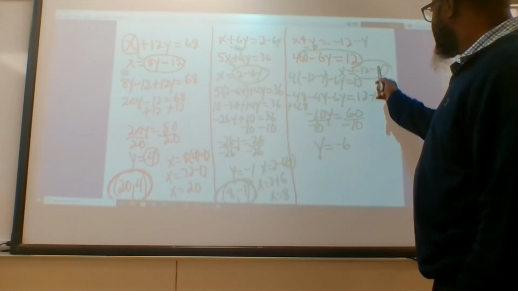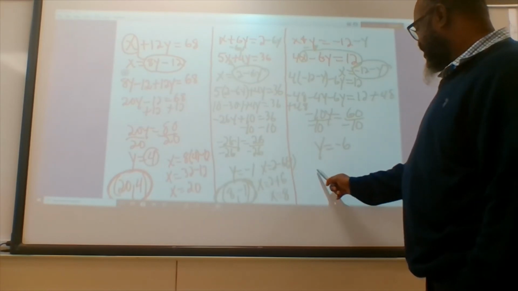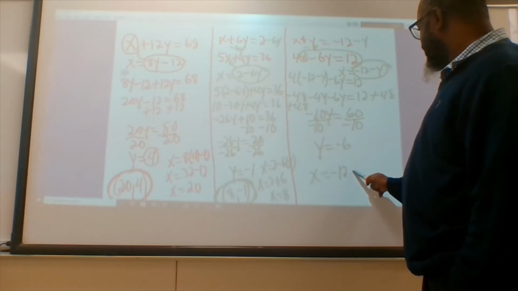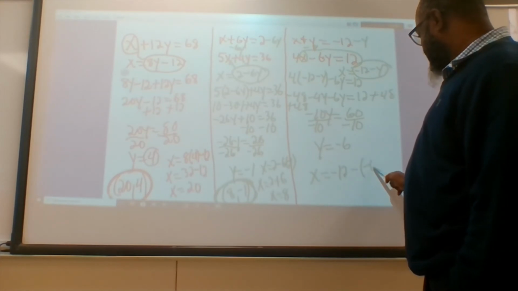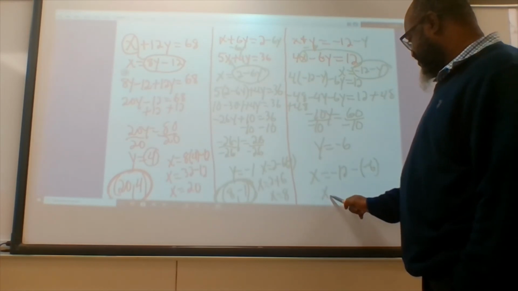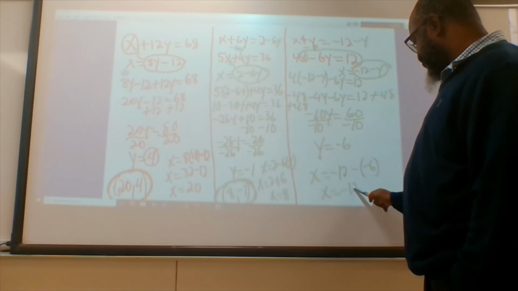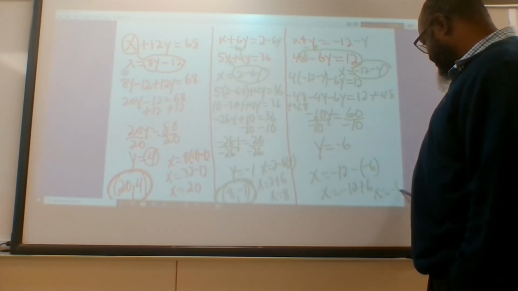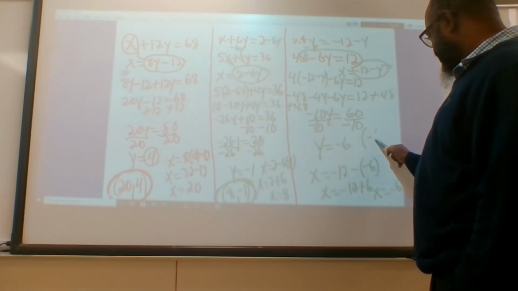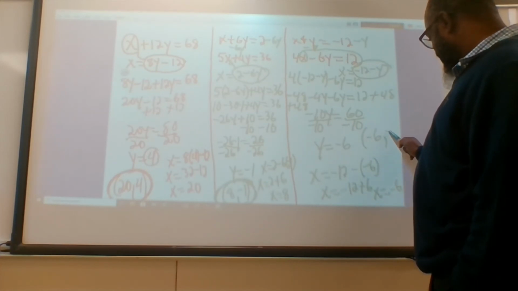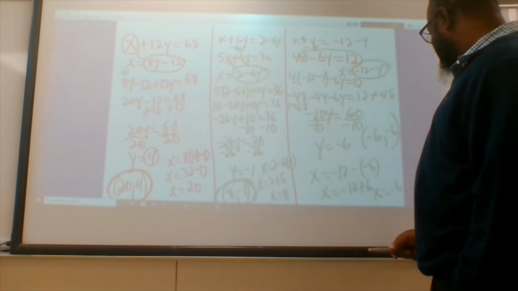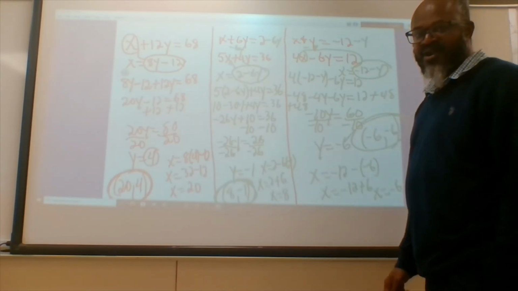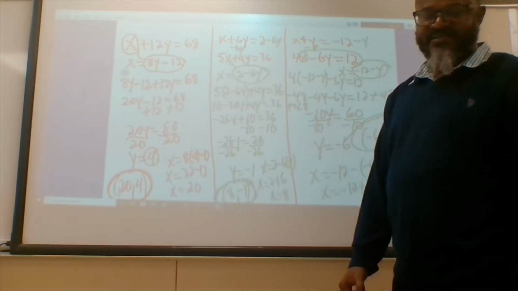So I can come and replace y. x equal negative 12 minus 6. So I will have x is equal to negative 12 plus 6. x is negative 6. So the solution that will satisfy this system is (negative 6, negative 6). This is where those two lines are going to intersect.